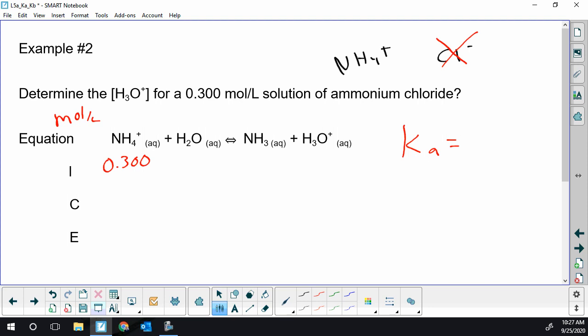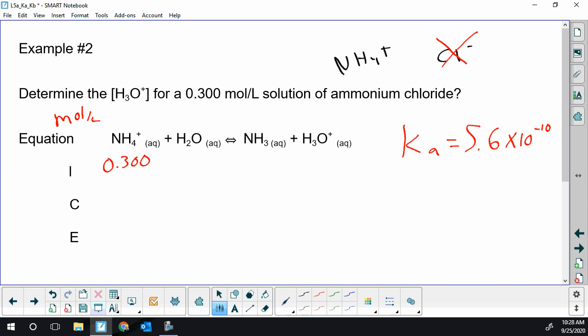So I know a few are still writing, but I'm going over and getting the Ka value right away. So ammonium ion, 5.6 times 10 to the minus 10. It's like less than a billionth. Very small K value.